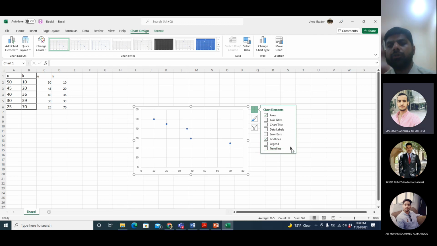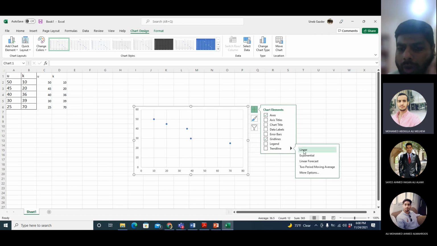Now if you go in the options of this trend line, it will ask you what type of trend line you want: linear, exponential, linear forecast, true moving average. Other options include second degree equation, third degree equation, but it should always be between one output, one input. It cannot be more than one input. For the time being, we need linear, right? So we go for linear.